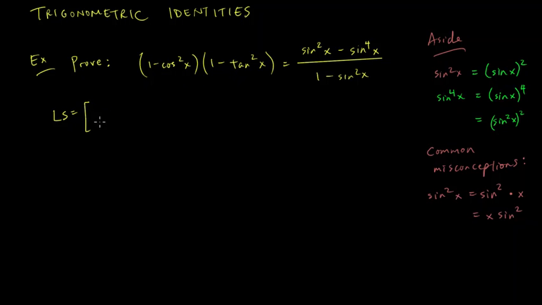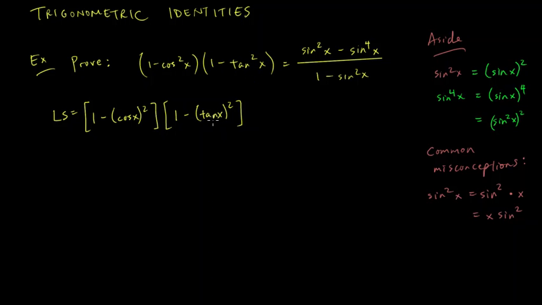Let me just rewrite this in this form so that it might be nicer to look at. One minus. You don't have to do this step if you're okay with looking at it like that. Okay? So that's all this is.